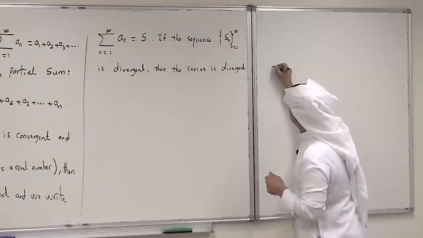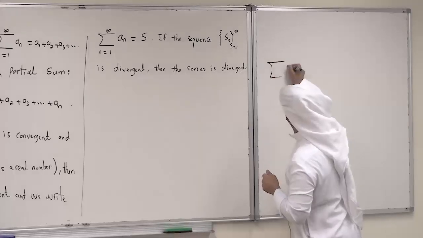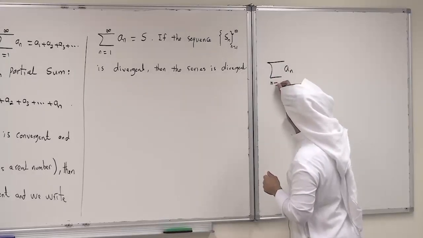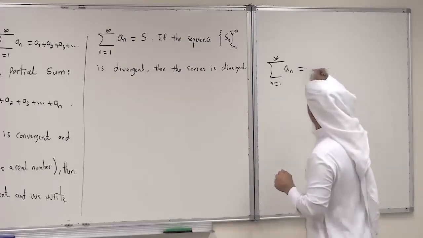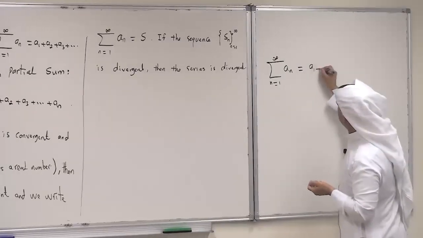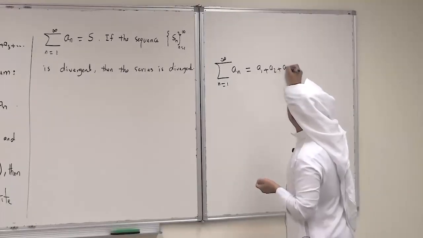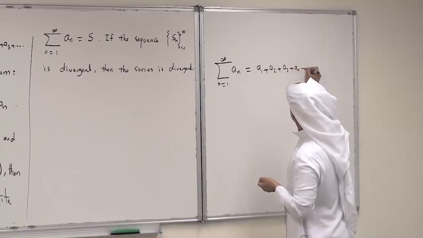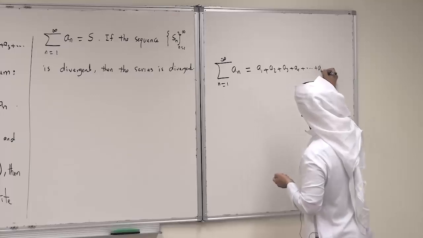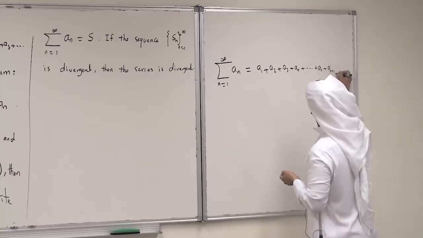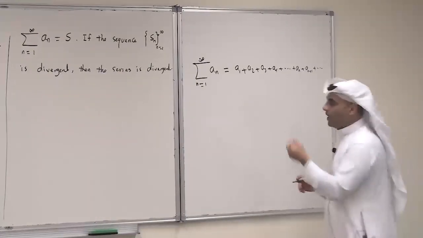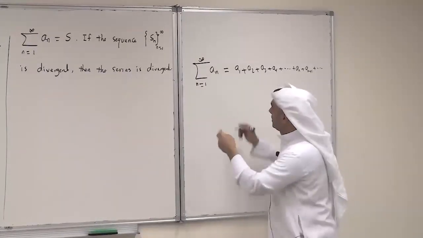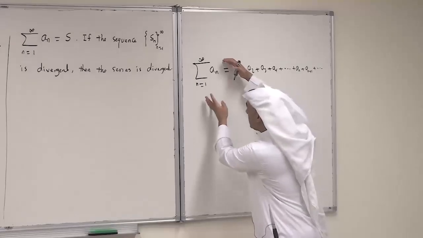So for example, if this is the series given here, the sum of An from n equal to 1 up to infinity, just to understand the meaning of this, you see we have A1 plus A2 plus A3 plus A4 plus and so on, plus An plus 1, and this will move up to infinity. We will define this new sequence now. We will move from a series to a sequence.